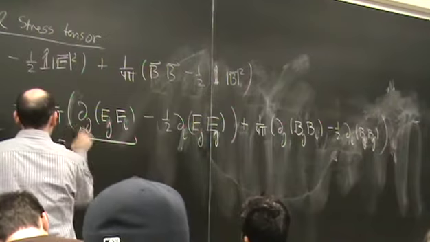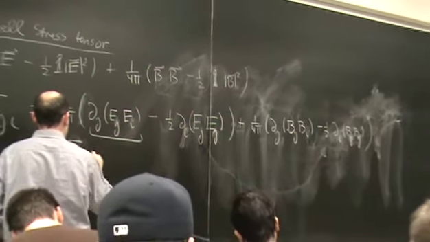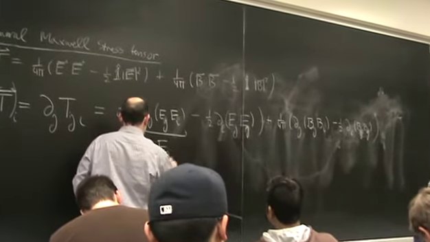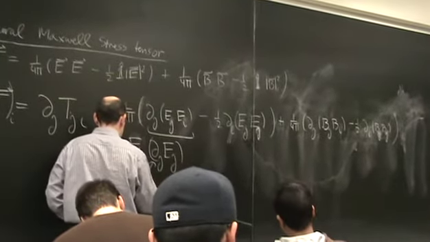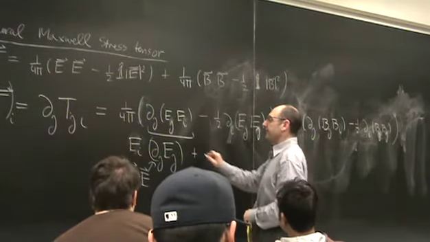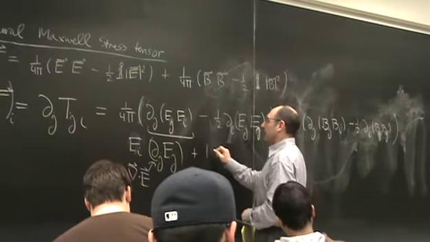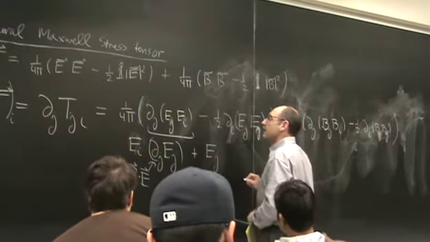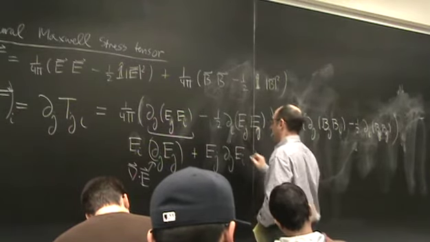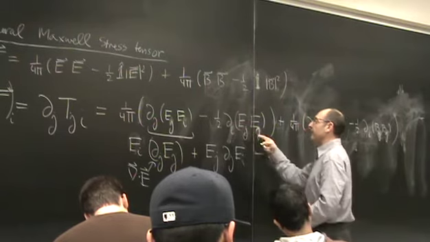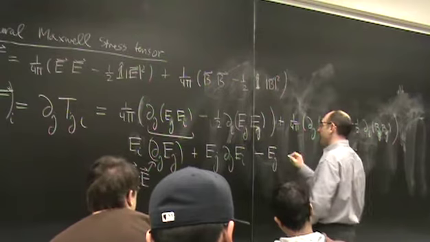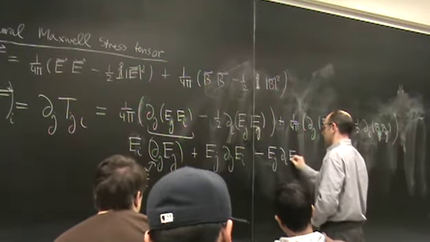This is equal to E_i partial_j E_j, which is the divergence of E, plus E_j partial_j E_i, minus the derivative of this is twice, which cancels the half, E_j d_i E_j.